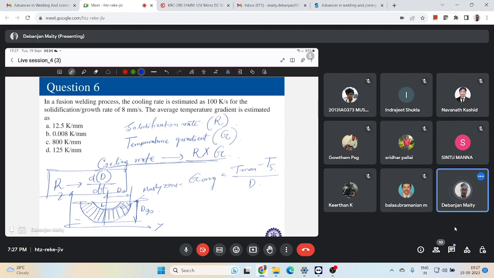How much is this coming? 1000 Kelvin per second, which is my cooling rate. That is equal to solidification rate times temperature gradient.